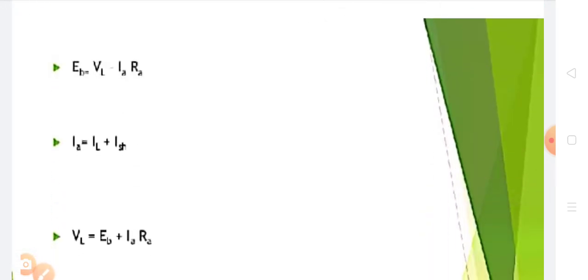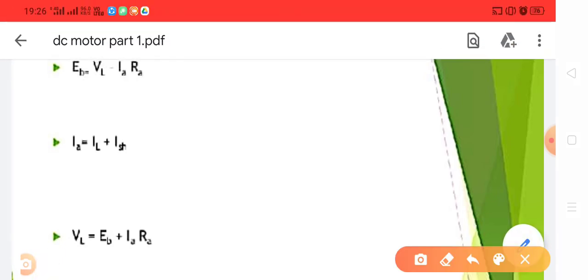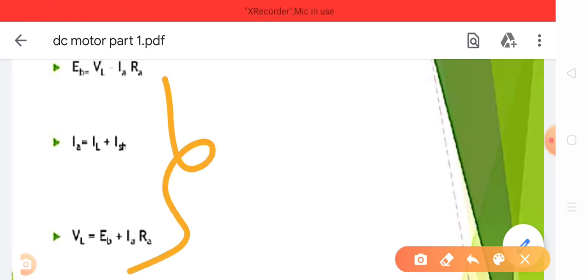The equations in the DC shunt motor are EB = VL - IA RA, IA = IL + ISH, and V = EB + IA RA. These three relate the voltage, the back EMF and the current and the supply voltage in the DC shunt motor.